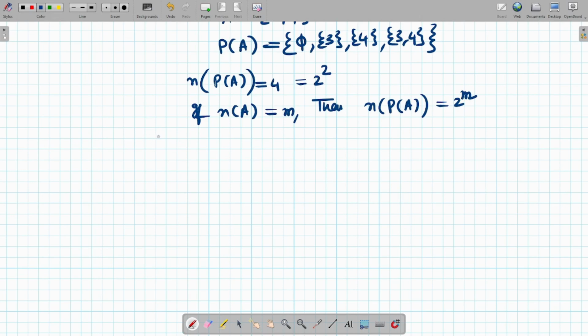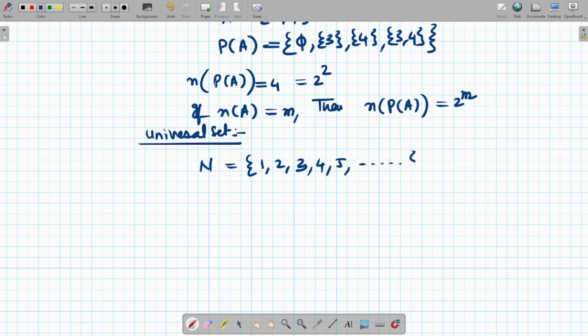Universal set. See, the concept of universal set is, in a certain context, for example, let us say there is a set called N, which is fundamentally natural numbers, और यहाँ पे इनके एलिमेंट होंगे 1 2 3 4 5, and then now if we take subsets of N, we can say A is a set of all odd numbers, let's say 1 3 5 and so on, and then we can take another set as set of all even numbers 2 4 6 and so on.